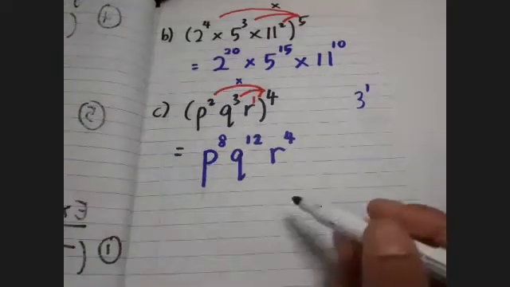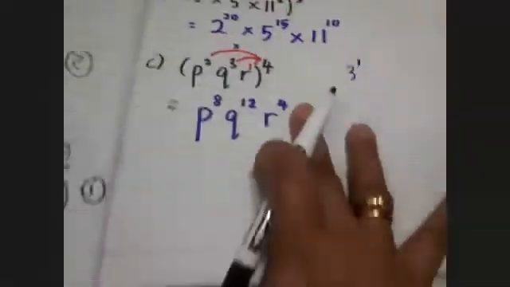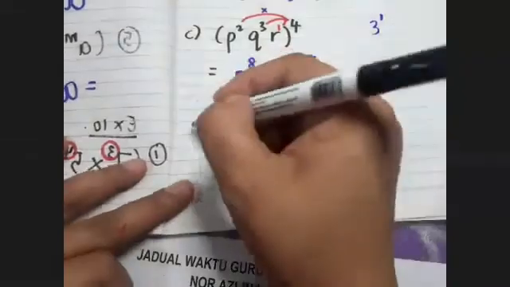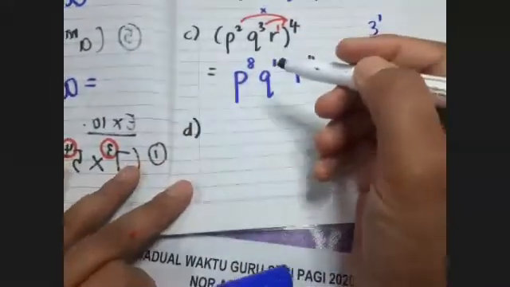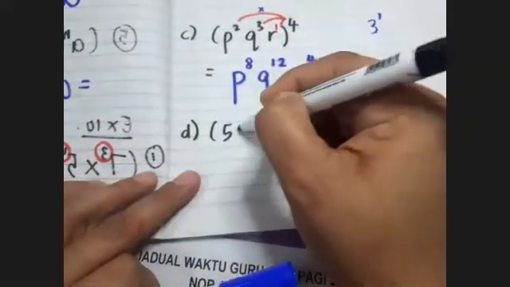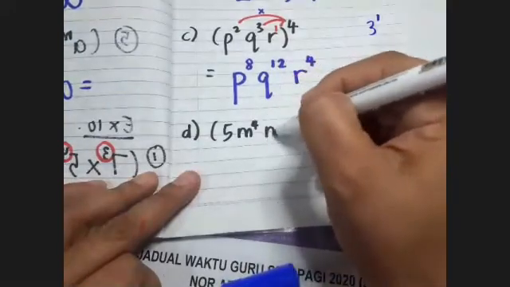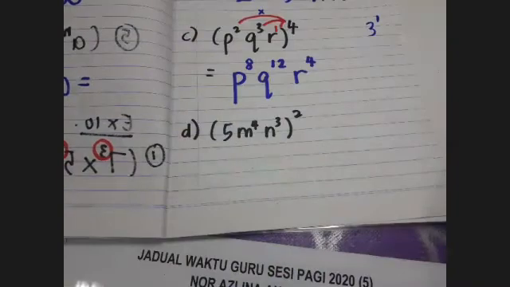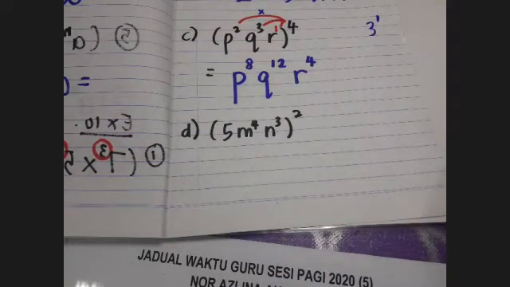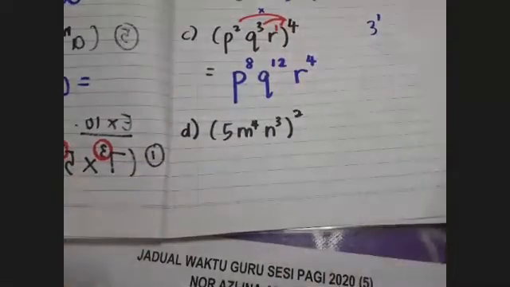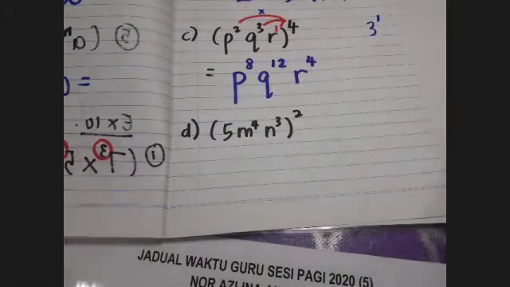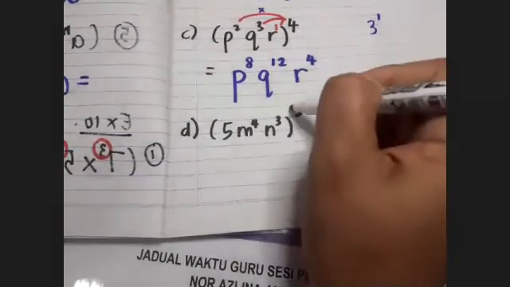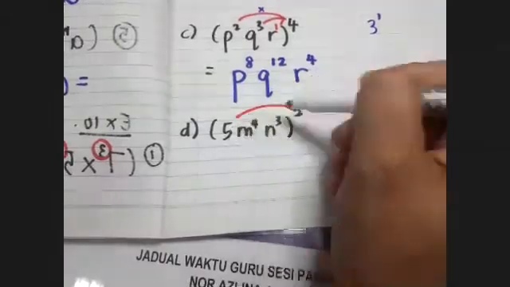Next, D. 5m power of 4 and power of 3. This is power of 2. Okay. You need to multiply the power of 2 with all index, including 5.